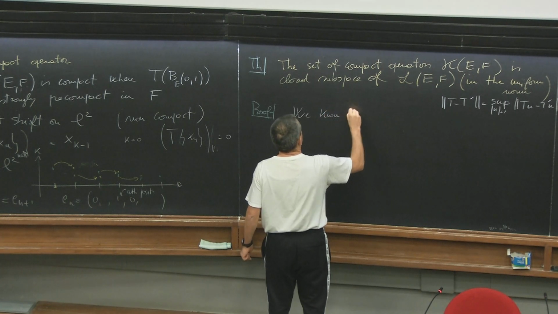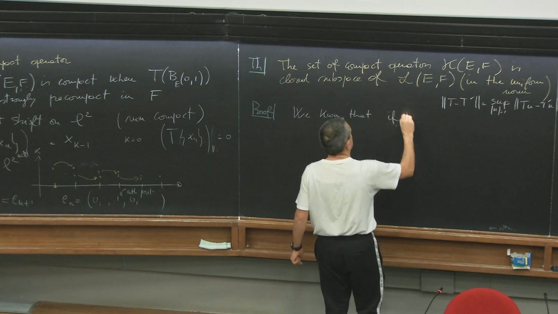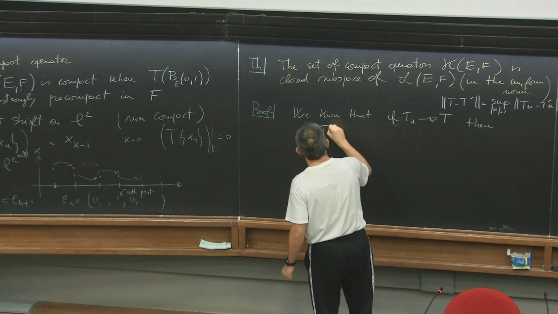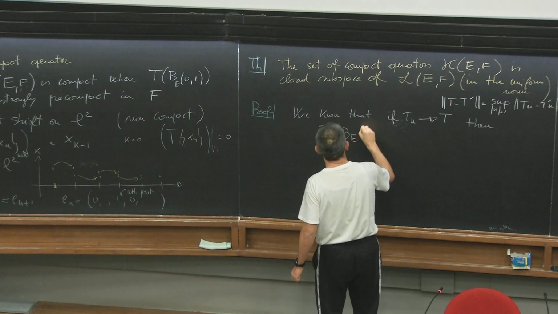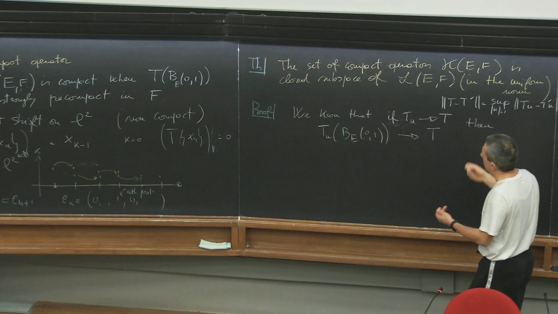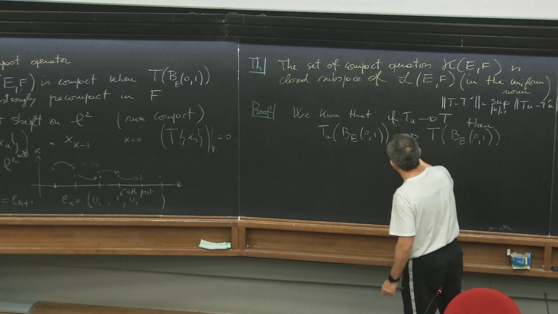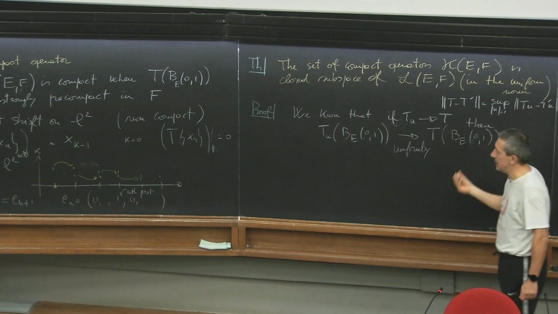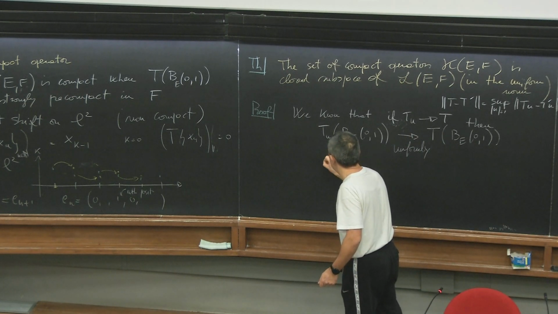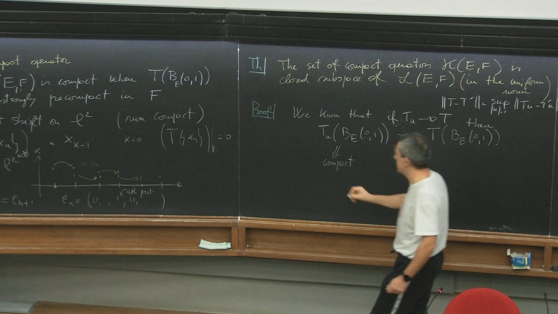If Tn converges to T in this norm, then Tn of the unit ball converges, well, to the image of the unit ball uniformly, which means that you can estimate uniformly the distance between this compact set and this limit set, or this pre-compact set.